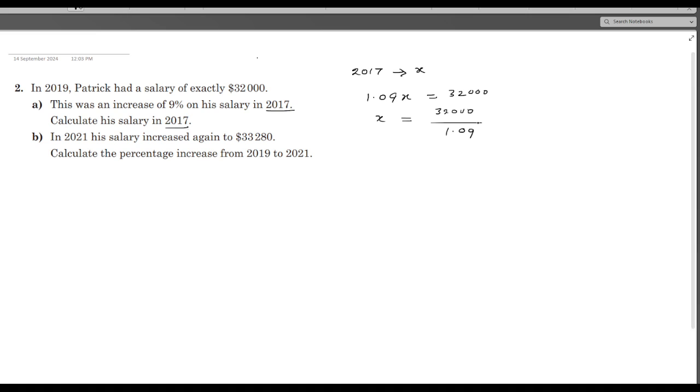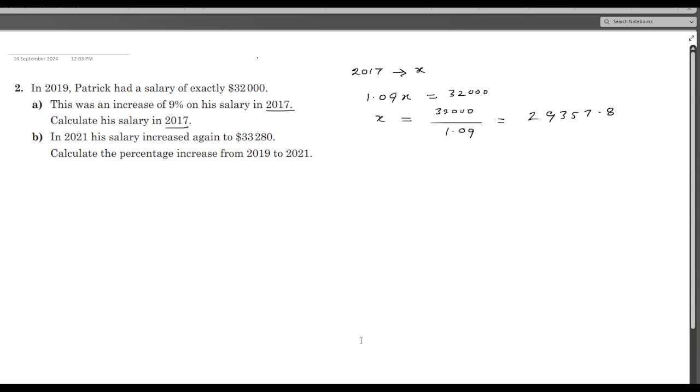So your answer is this value: 29357.798, that is 0.8, we can say 0.8. So your result is 29357.8.